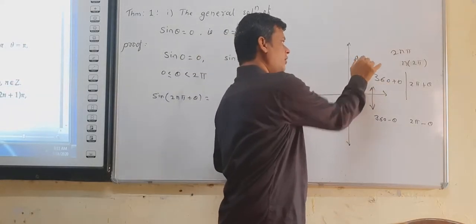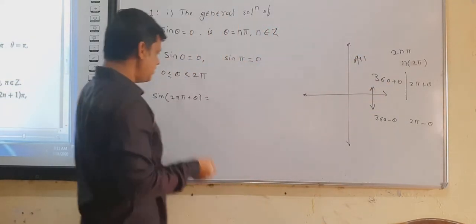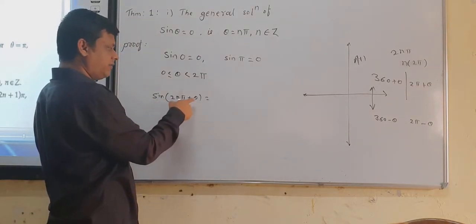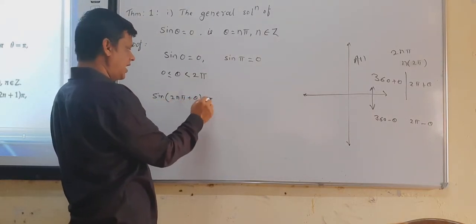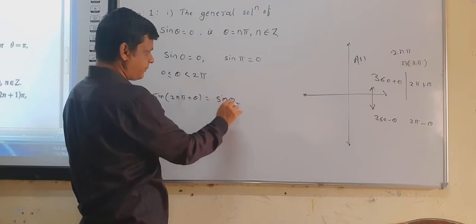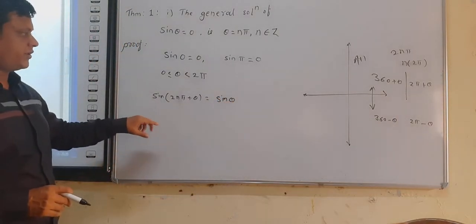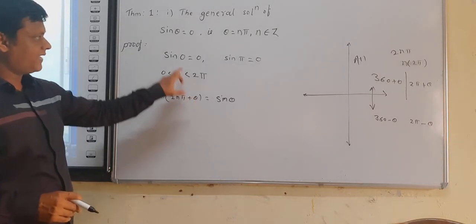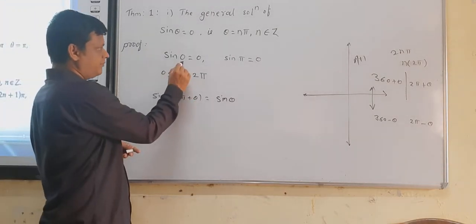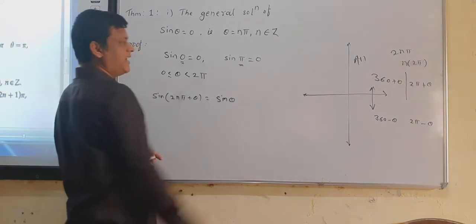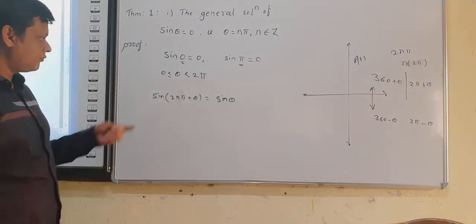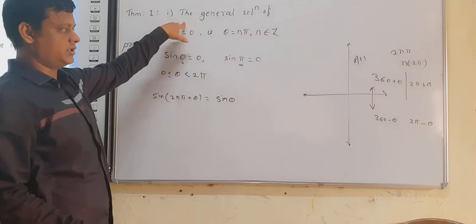We know that all values in the first quadrant are positive, so we write sin of 2n pi plus theta equals sin theta. Now in this formula we have to substitute the value of theta as 0 and theta as pi. From this we get the general solution.